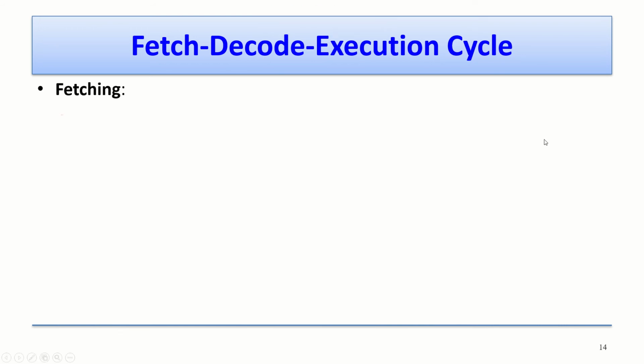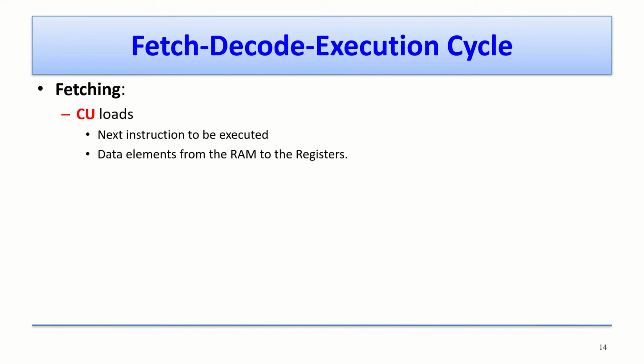Fetching means the control unit loads the next instruction to be executed, and at the same time we have to load data elements from the main memory, the RAM, to the registers.